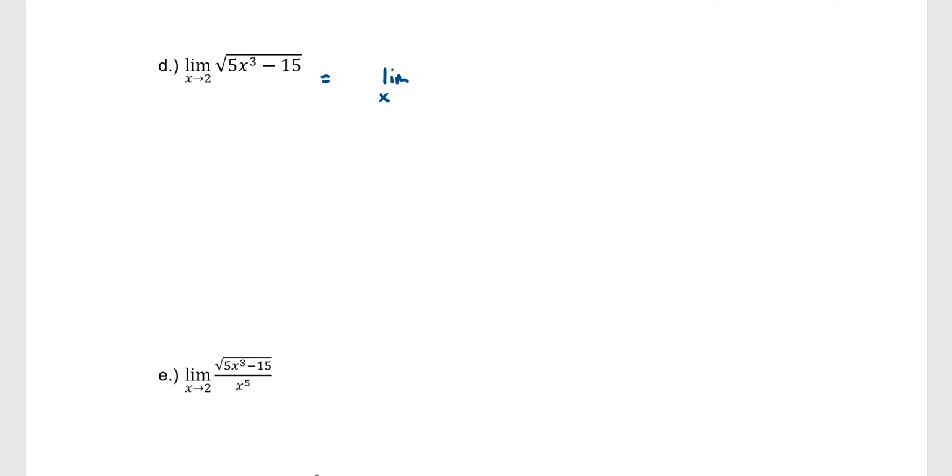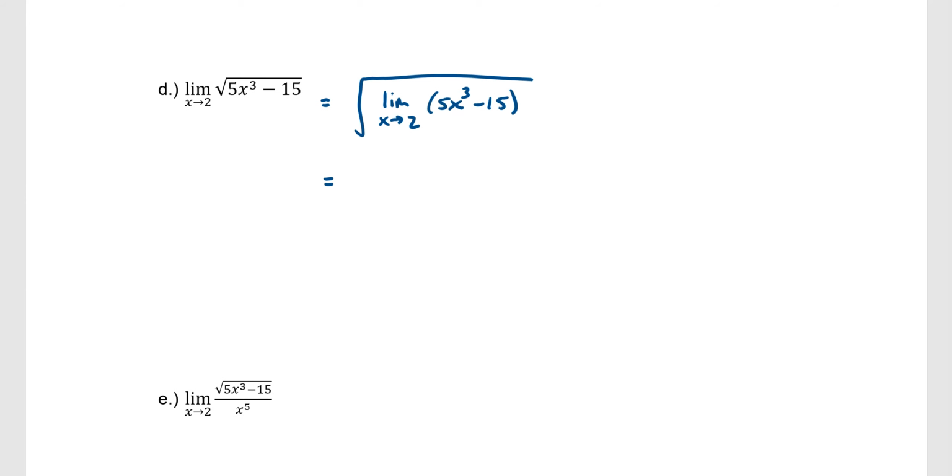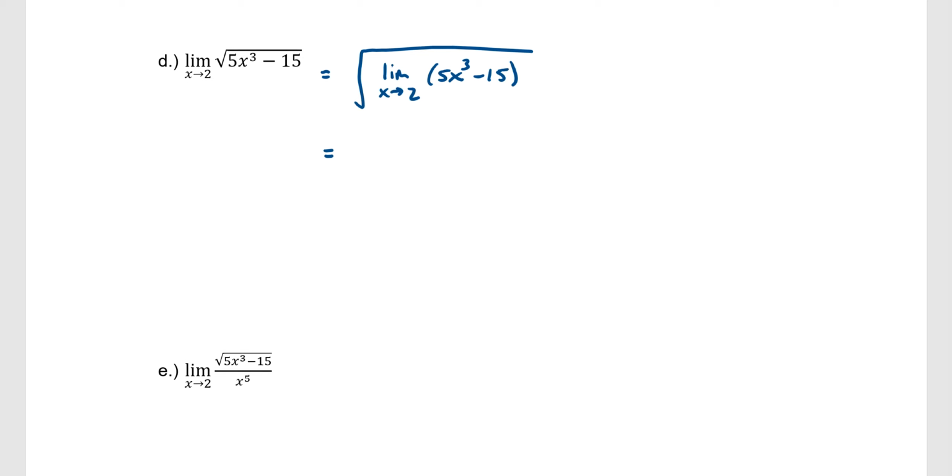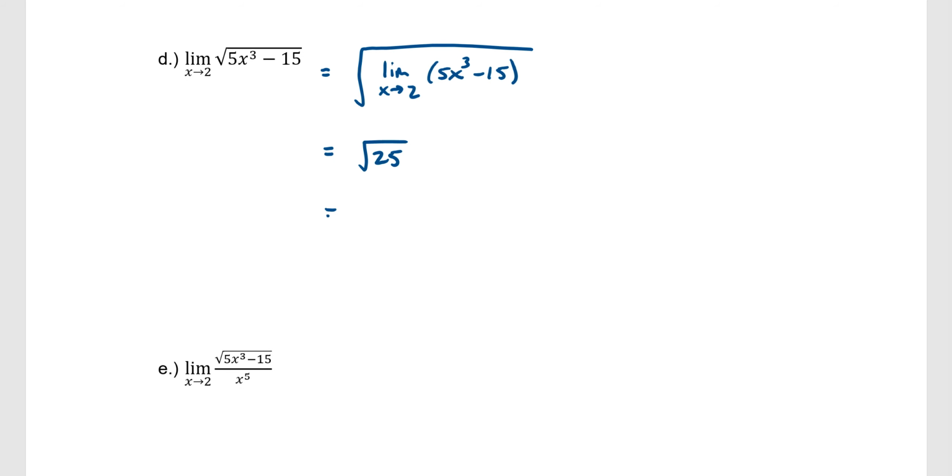So we can take the limit as x approaches 2 of 5x cubed minus 15, and then take the square root of that answer. So once again, we just did this in the previous question, and we got an answer of 25 for that limit. So this is just going to be the square root of 25. So our answer is 5.